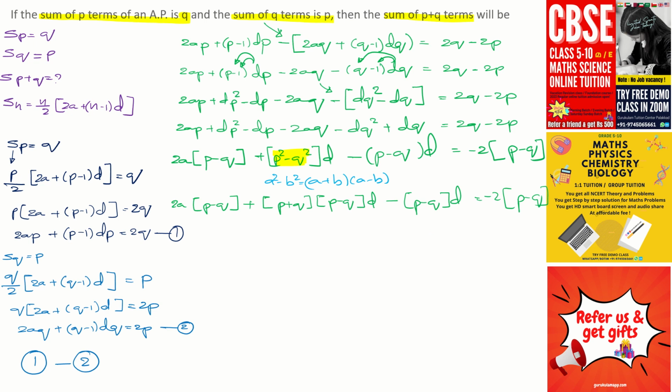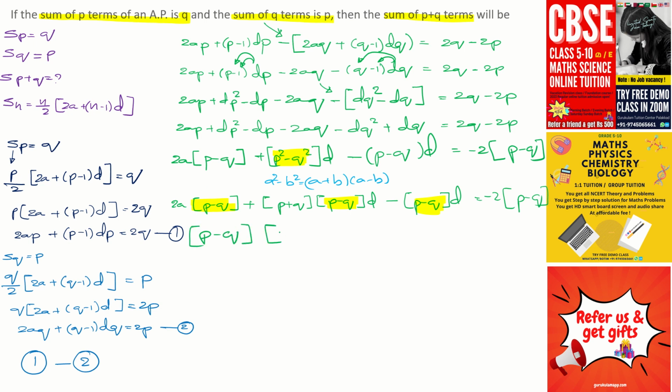We can cancel when we take p minus q as common everywhere, right? When we check, there is a p minus q here, there is a p minus q here, there is a p minus q here. So on the left hand side, you are taking p minus q as common. If you take p minus q as common, what is remaining?